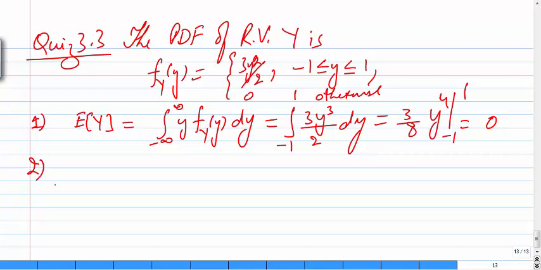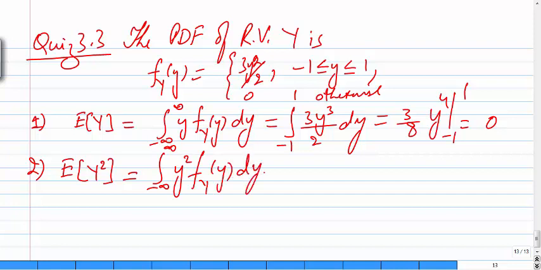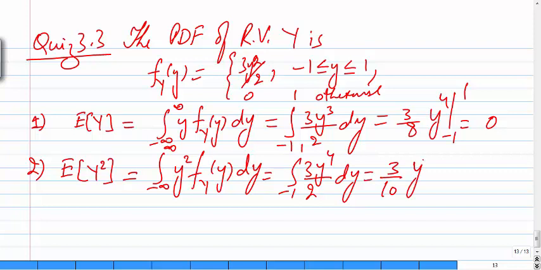Now the second one asks us to calculate the second moment, that is, y squared. It is again from minus infinity to infinity of y squared f_Y(y) dy. If we do that, this becomes the integral from minus 1 to 1 of 3y to the power 4 divided by 2 dy. Then it becomes 3 by 10 y to the power 5, from minus 1 to 1. When we plug in the values, it becomes 3 by 5.